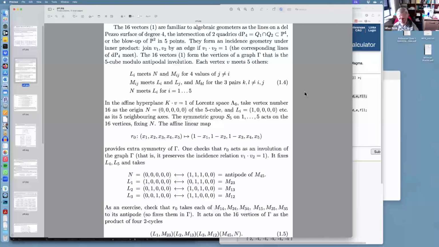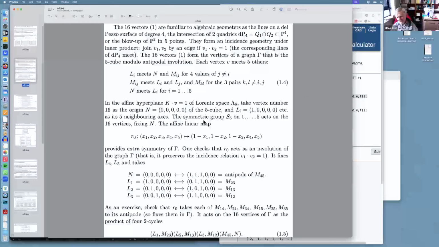Right, so this is how to find the symmetry group. If it was the symmetry group of the cube, you'd just say, obviously, 5 factorial, because you can permute the 5 coordinates anyhow you like, and you can take each xi to minus xi.